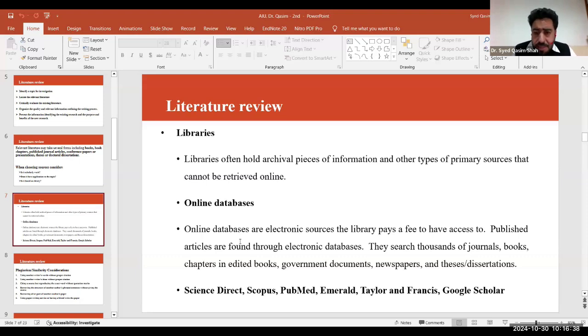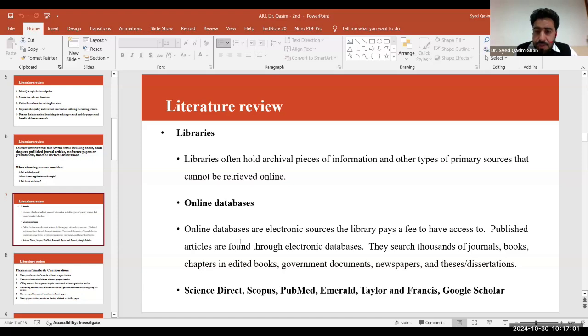Usually libraries pay a certain fee to access these particular databases. And these databases have more articles, published articles, journals, books, chapters, edited books, government documents, newspapers, theses, and dissertations, either master's or PhD. So all these online databases.